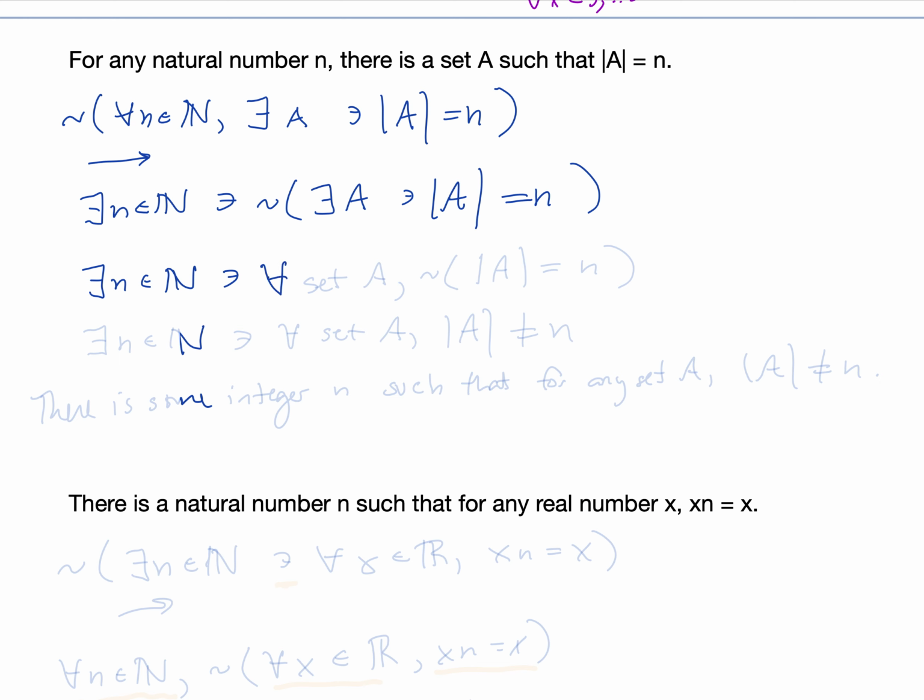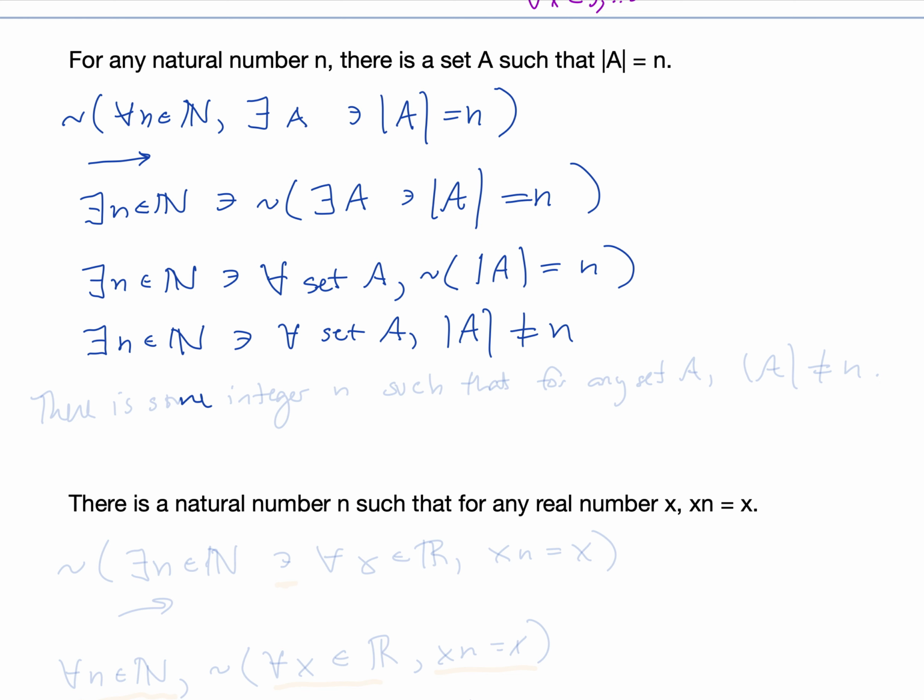So for all sets A, for any set A, now we're going to negate this one. For any set A, the cardinality of A is equal to n. What's the negation of that? And so our last step through, we don't necessarily need to do each of these steps individually, but just for clarity in the early examples, there is some natural number n such that for any set A, the negation of the cardinality of A is equal to n, well then the cardinality of A is not equal to n.